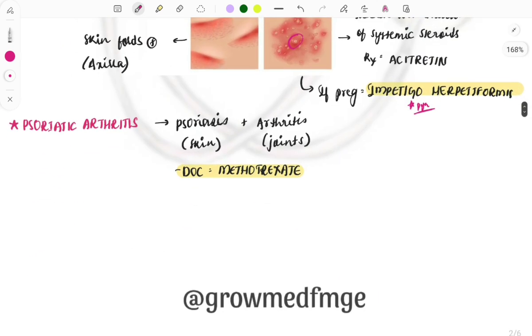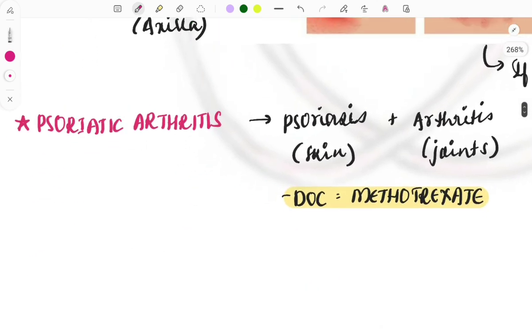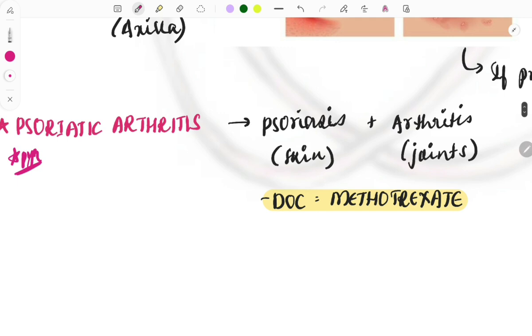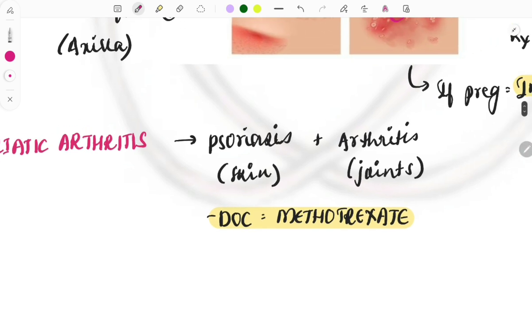Another very important type is psoriatic arthritis. This is also a PYQ, and questions have been asked on psoriatic arthritis. Image based questions have been asked giving the x-ray of the hands, and also clinical cases have been asked. In this you can see two manifestations.